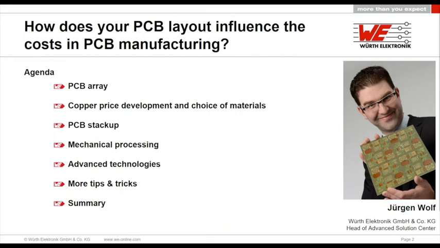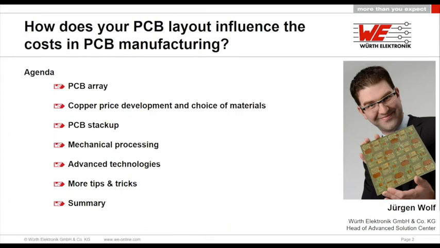Then we will have a look at materials and copper prices. Move on to the stack-up of PCBs, so what can be done here to avoid cost. We then go on with mechanical processing, which means we look at drilling processes and routing processes.